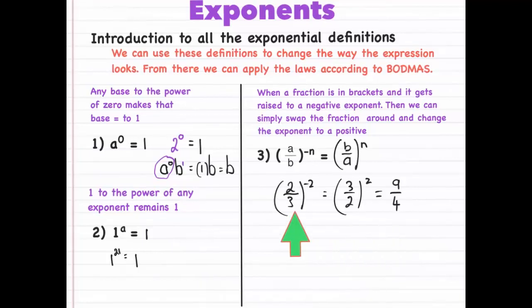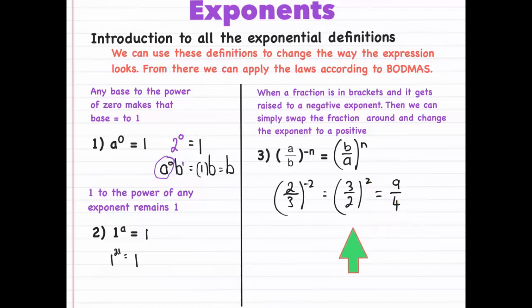Okay, so that is quite easy to understand, that if we have a fraction inside brackets, it gets raised to a negative exponent, we swap the fraction around and that negative exponent becomes a positive one, and then we simply do our law, which says that it will be that numerator to the power of 2 and the denominator to the power of 2. Okay, great.